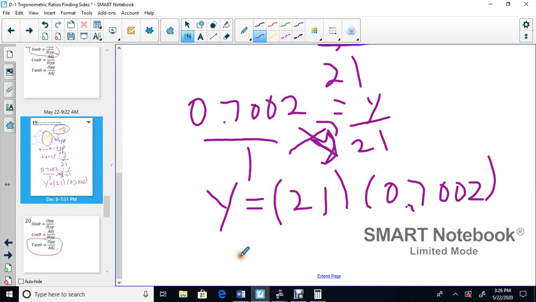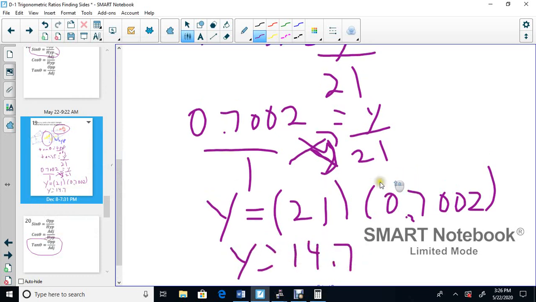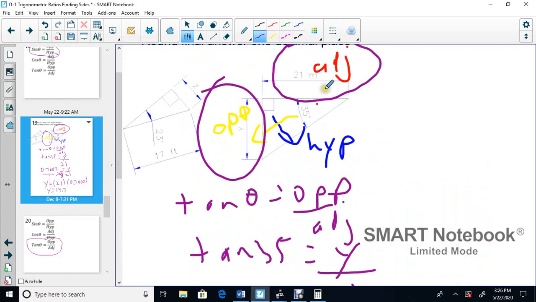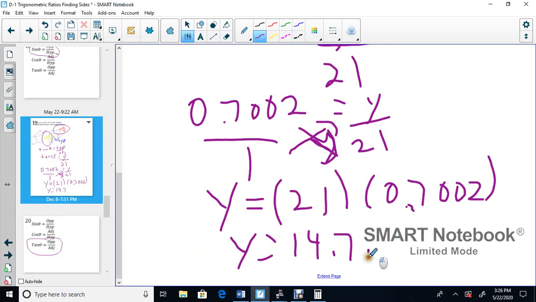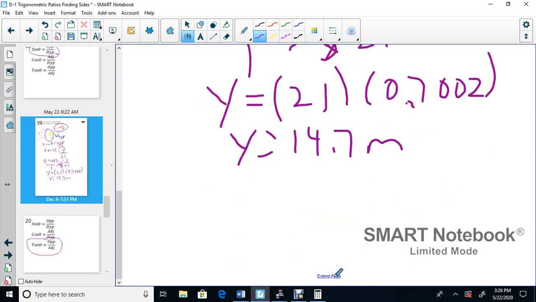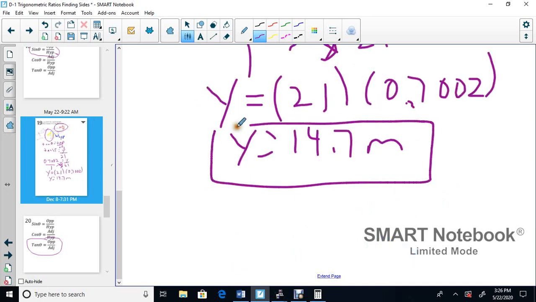So y equals 14.7. We need some units. Let's see what the units are. We'll scroll up. Meters this time. Meters. And if you want, you can box your answer at the end to make it look a little bit nicer. Put a nice box around it.